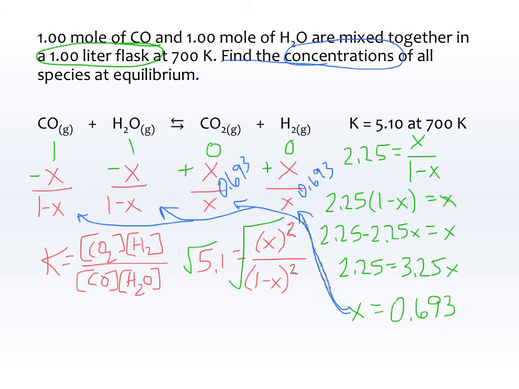But for CO and H2O, since X is 0.693, 1 minus X turns into 1 minus 0.693, which is 0.307. And 1 minus X turns into 1 minus 0.693, which is again 0.307. So that's actually my concentrations of reactants and products at equilibrium. For CO and H2O, they're both 0.307. For CO2 and H2, they're both 0.693.